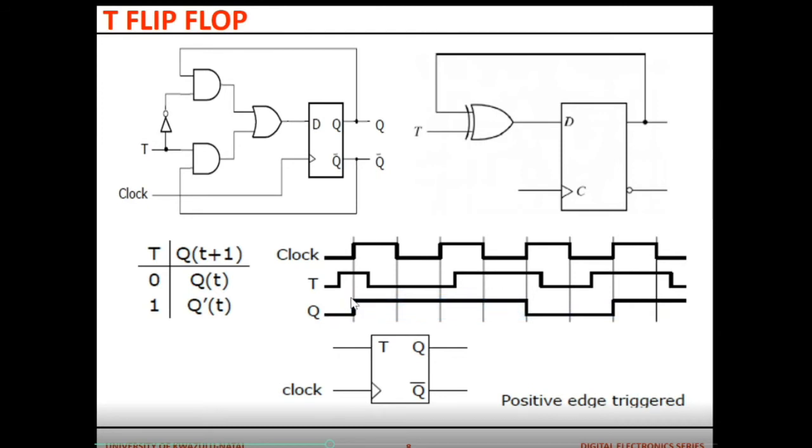The next positive clock edge is here. T is 0, so it is in memory. Until the positive clock edge, T is 1, toggles, goes to 0. Until the positive clock edge, T is 1, toggles, so it comes up. Simple. That is how our T flip-flop works.